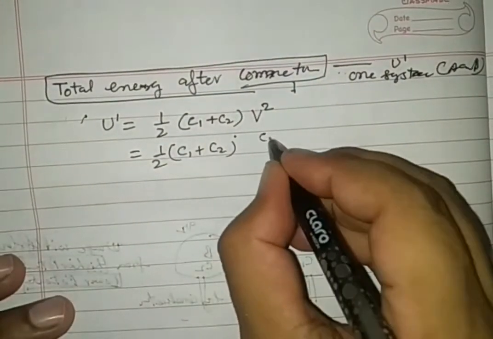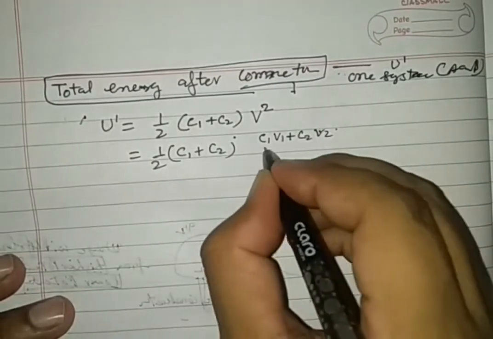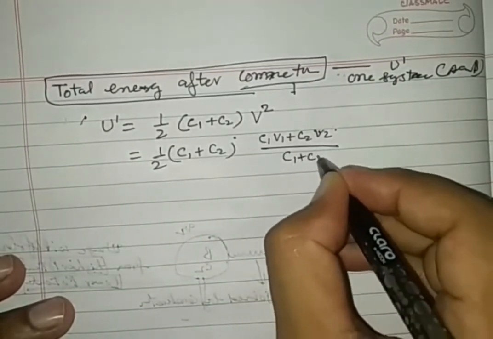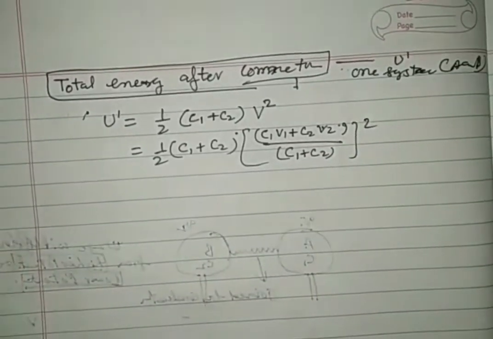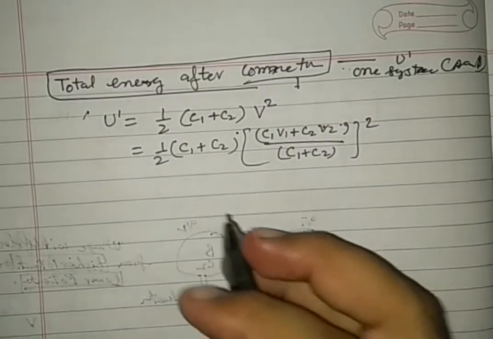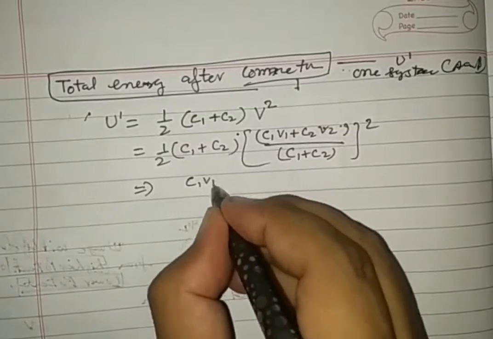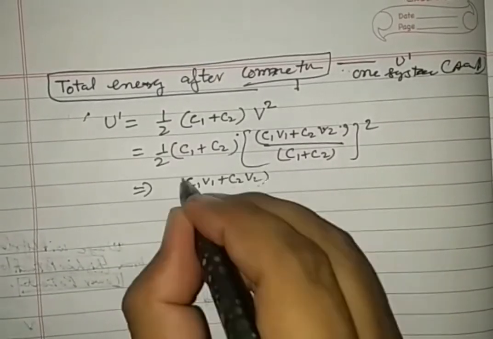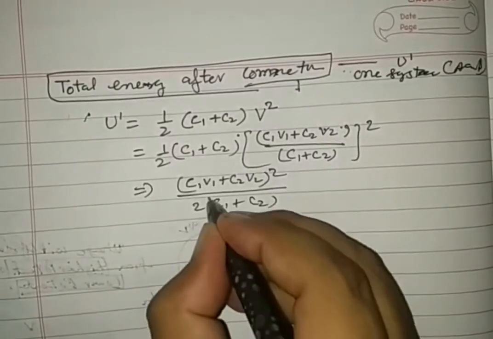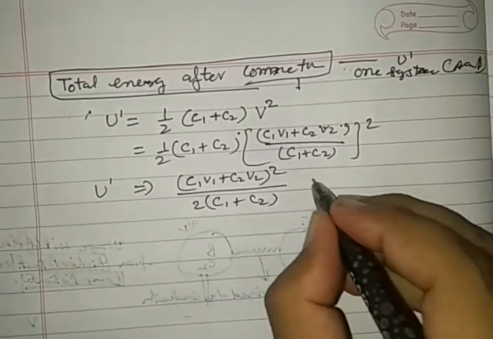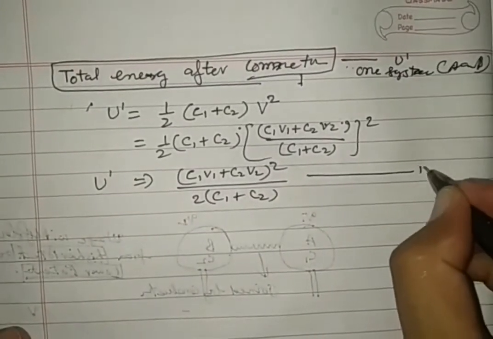That is C1 V1 plus C2 V2 by C1 plus C2, the whole squared. So this becomes C1 V1 plus C2 V2 whole square by 2 times C1 plus C2. It is U dash. This is one more equation, equation number 5.